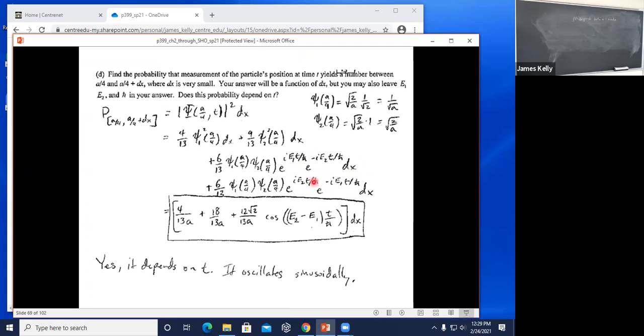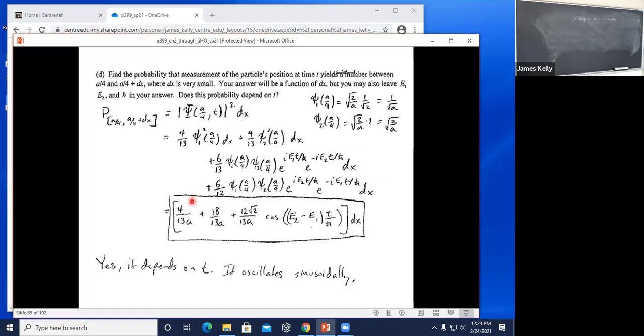And then I've got a sum of two exponential functions with differing signs. That looks like a cosine. Remember, e to the i theta plus e to the minus i theta over 2 is cosine. So the sum of those two is 2 times the cosine, and I've worked that into this constant here. So this cosine depends on time.